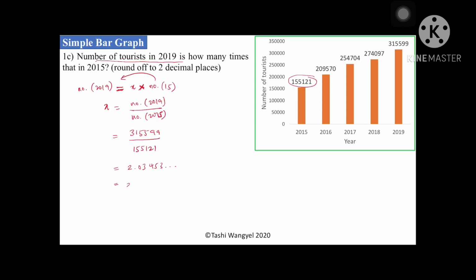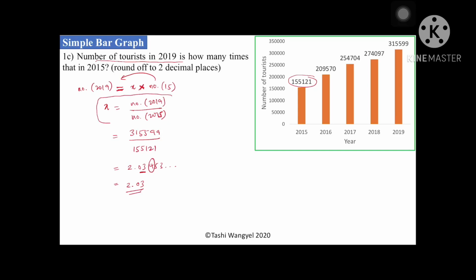On the calculator this gives 2.03453. Round off to 2 decimal places: the next digit is 4, which is less than 5, so it is 2.03. The number of tourists in 2019 is 2.03 times that in 2015, approximately double.